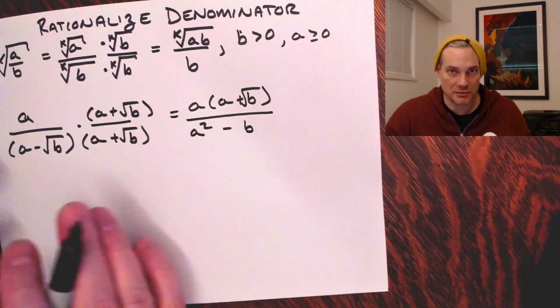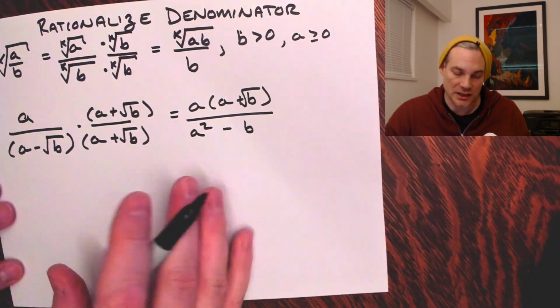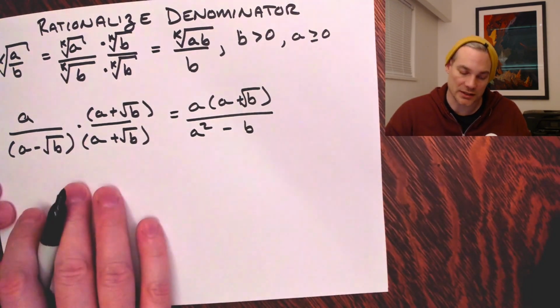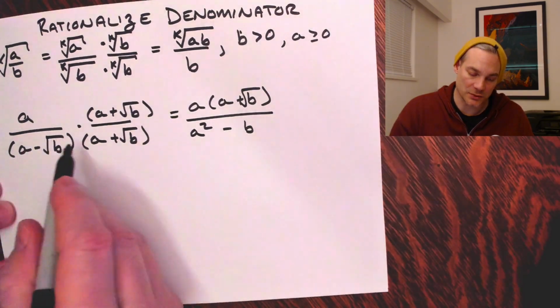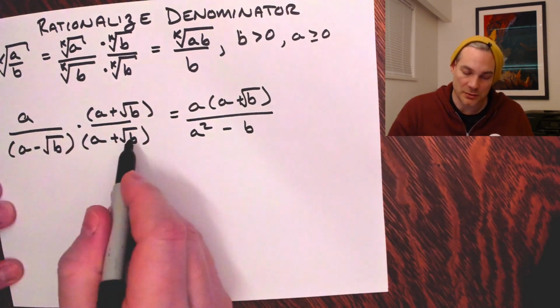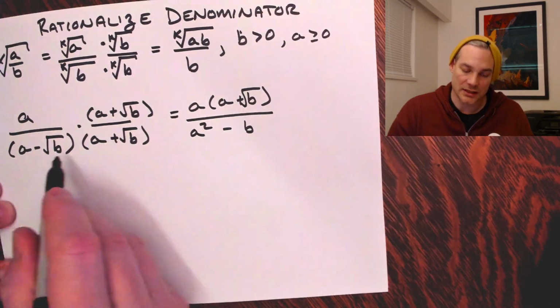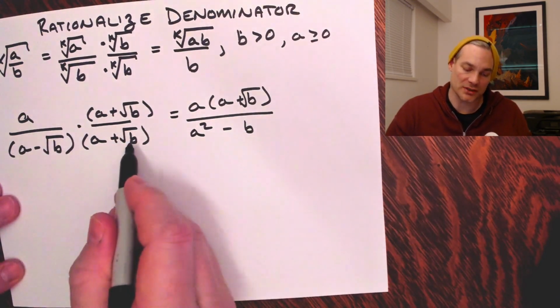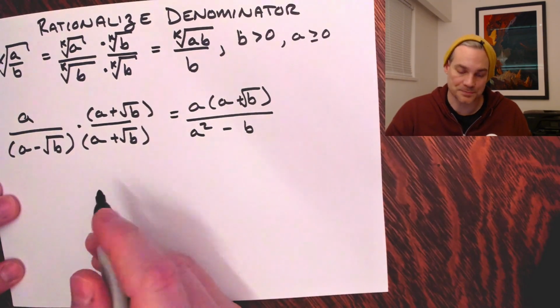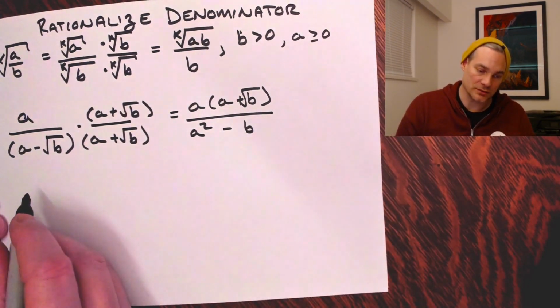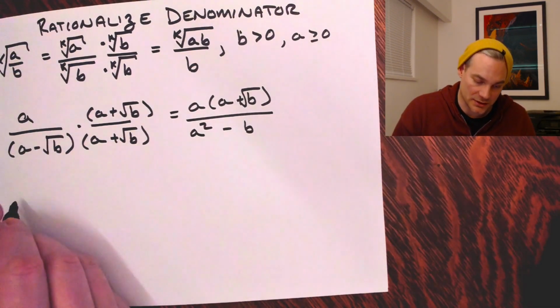If you need practice learning about the difference of squares, you just have to go find the video on it and watch that. It's pretty quick. But you can just follow this out and you get a squared plus a times root b minus a times root b, and then you have minus times positive root b, so you get the b out. Okay, so we've gotten that down. So I can actually just show it. Why not? Let's just show it.